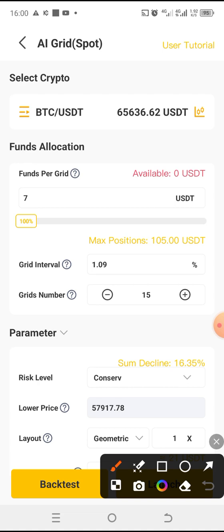Now, when you come to grid, this setting is different. In the DCA, it forms average cost pricing. That means when you buy one for $1, you buy another two for maybe $0.5.